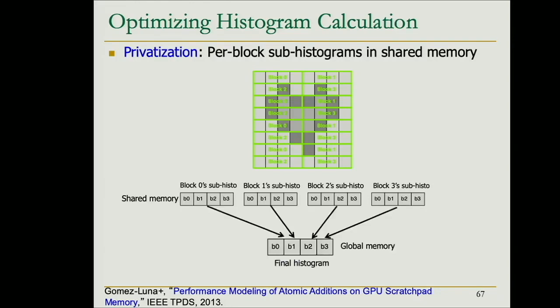When I'm done creating these subhistograms, I merge them into a final histogram in global memory. And this is a reduction. Recall, you already know how to do very efficient reduction, what we have seen before. So this is a way of alleviating the cost of these atomic operations.